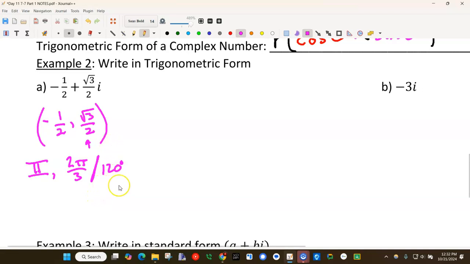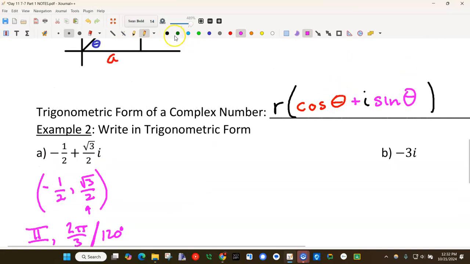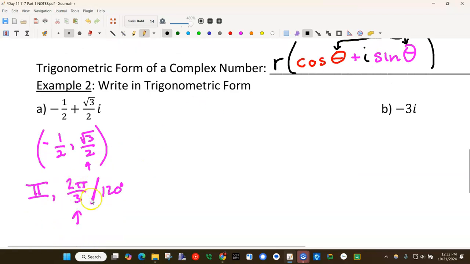Now, if you can do that, you're going to be in good shape. So the way to write these is in this format. So I found the theta. We're just going to put theta in for both of these. And keep in mind that both of these thetas, there's two of them, one for cosine, one for sine, they have to be the same. Right? So we found 2 pi over 3, so that means both of these, it's going to be cosine 2 pi over 3.